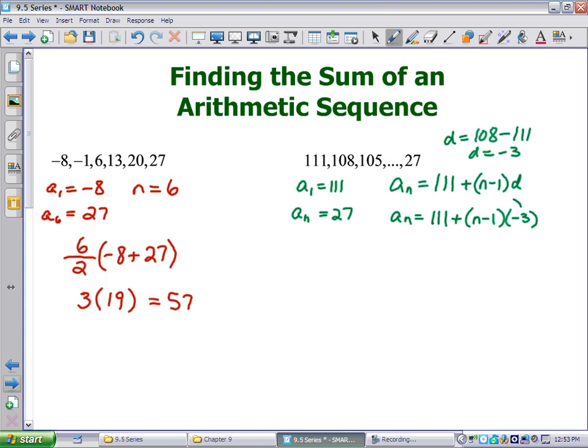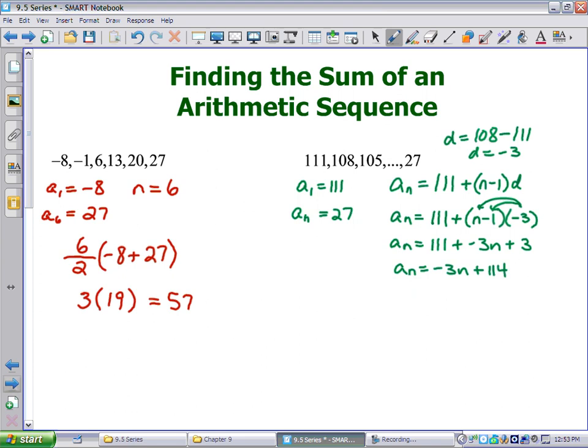The -3 needs to be distributed to the n and to the -1. So you have a sub n is equal to 111 plus -3n plus 3. Adding our like terms, you get -3n plus 114.